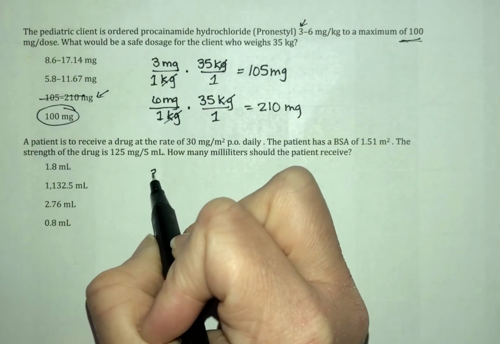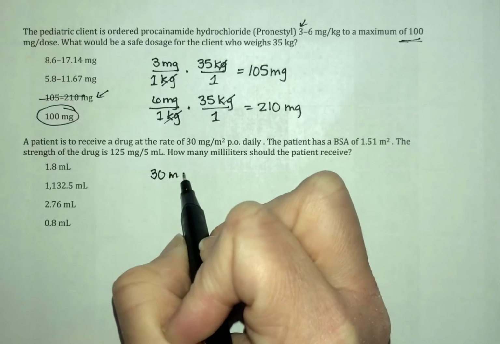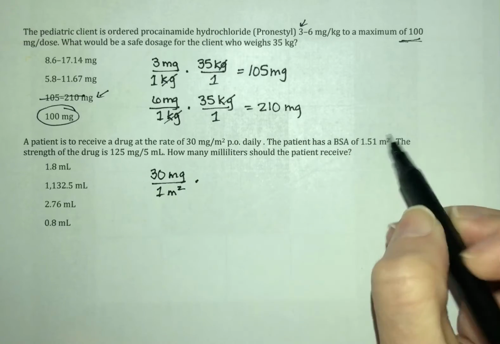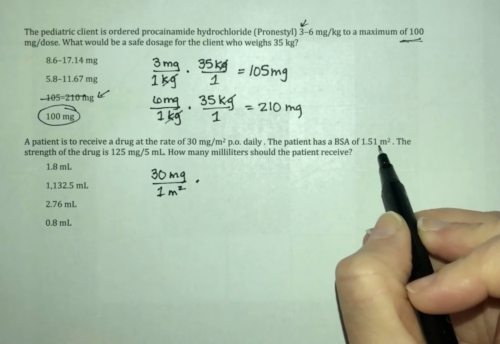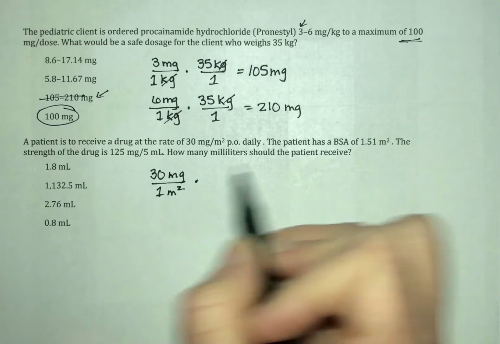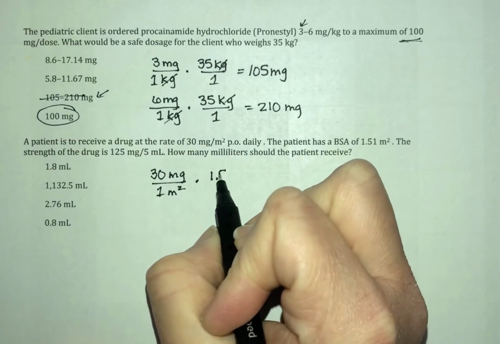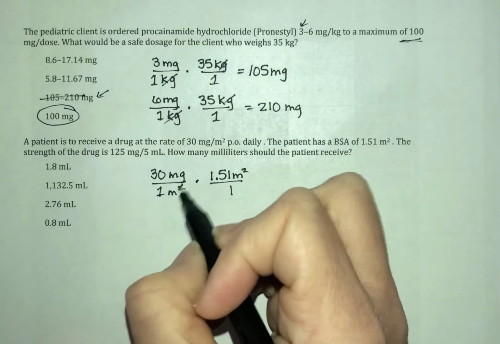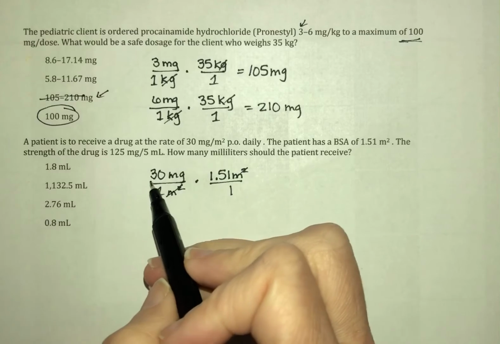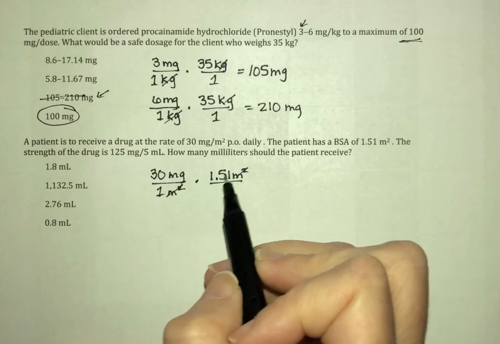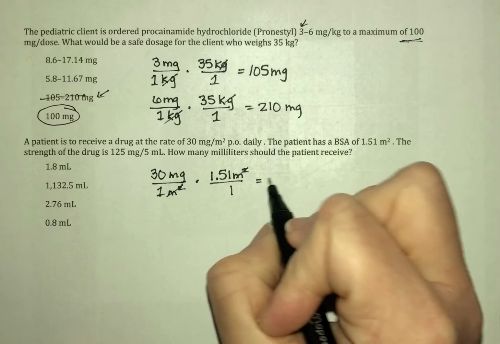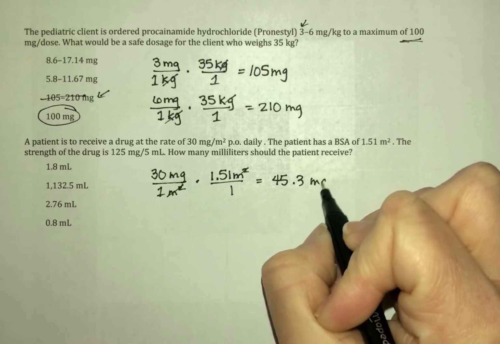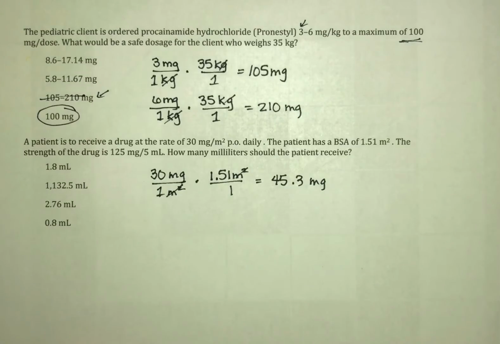So if I've been prescribed 30 milligrams per meter squared, and my body surface area is 1.51 meters squared. Now, since this is meters squared and I want this to cancel out, I'm going to put this in the top over 1. Our meters squared cancel out. So we end up multiplying 30 times 1.51, which gives me 45.3 milligrams. Milligrams because that's the unit that's left.